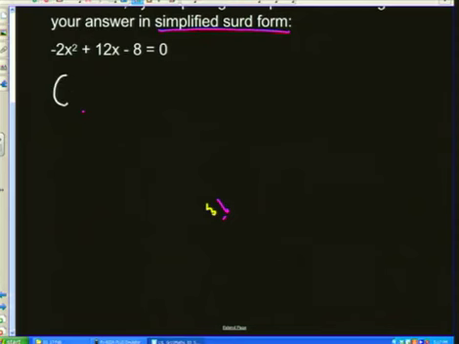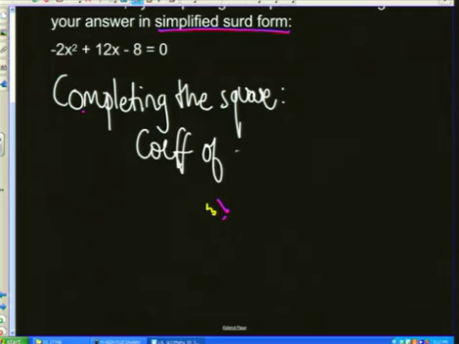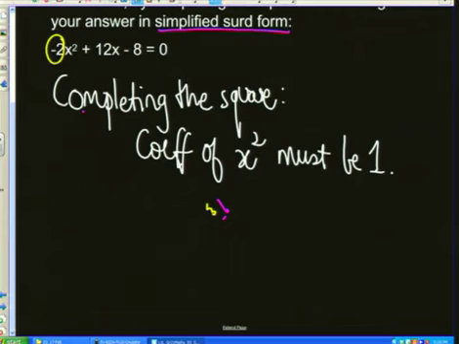If you're completing the square, the one factor that involves getting it correct is that the coefficient of x squared must be 1. The current coefficient is -2, so I'm going to divide by -2 on both sides.